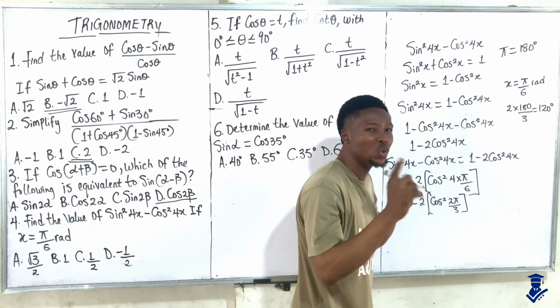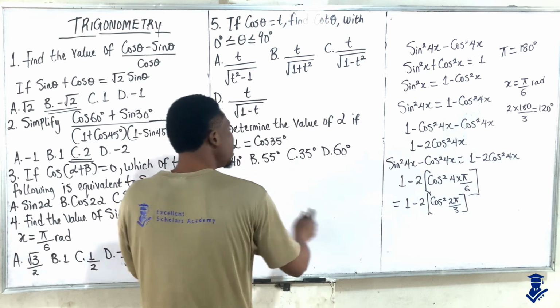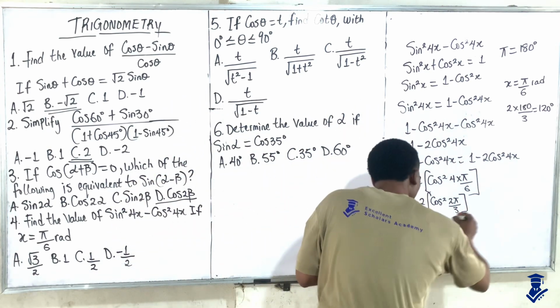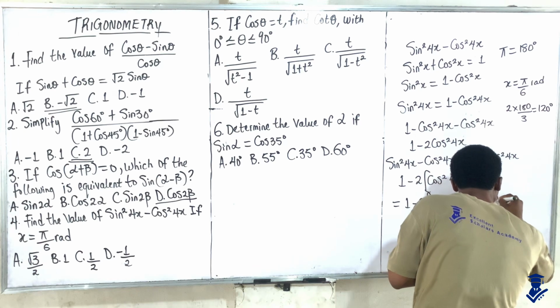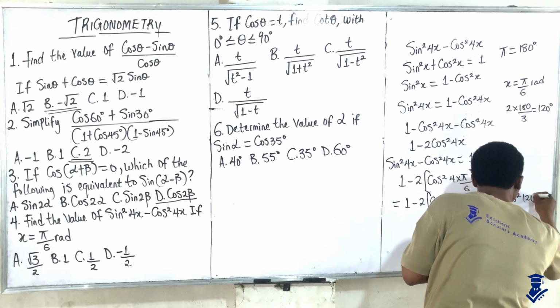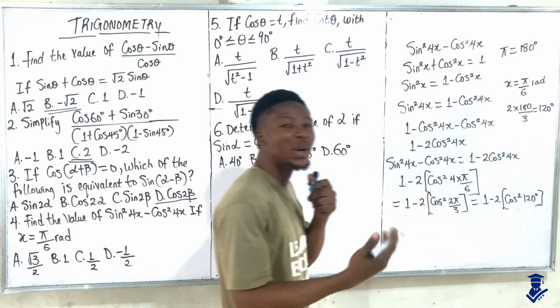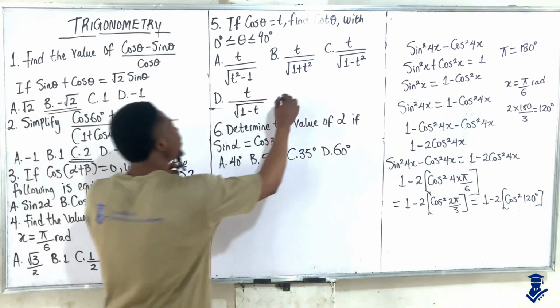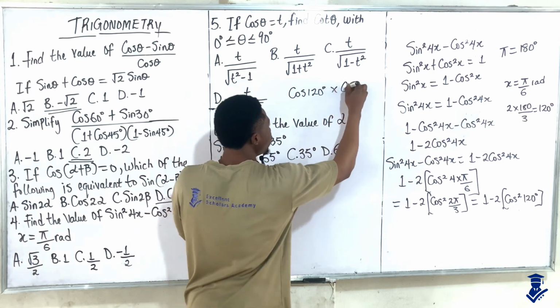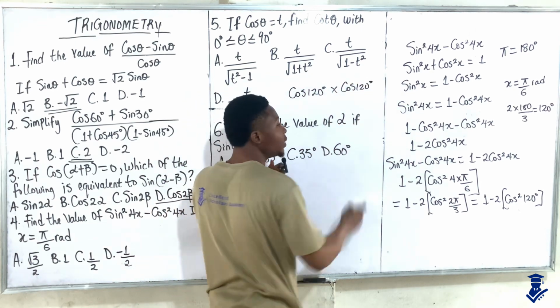And I want you to know that this is cos square 120 degree. So this is equal to 1 minus 2 into brackets cos squared 120 degree. Now, cos square 120 degree is the same thing as saying cos 120 degree multiplied by another cos 120 degree.